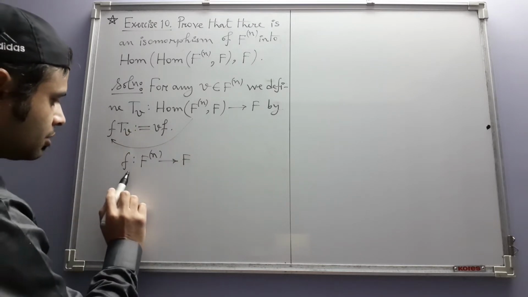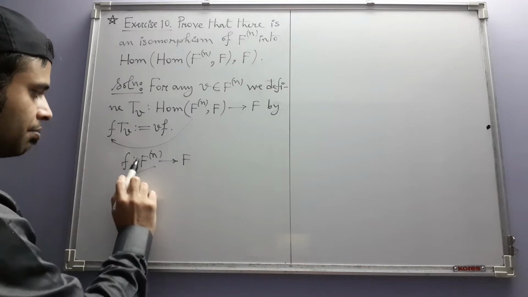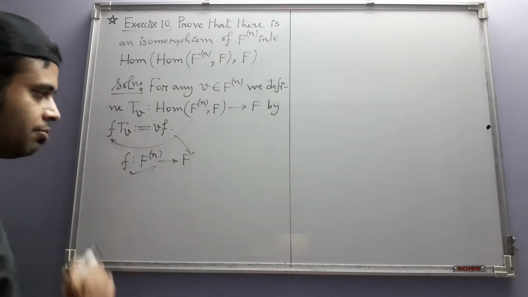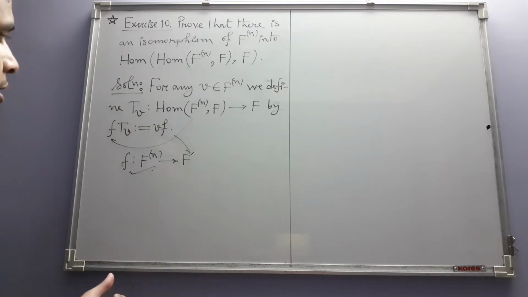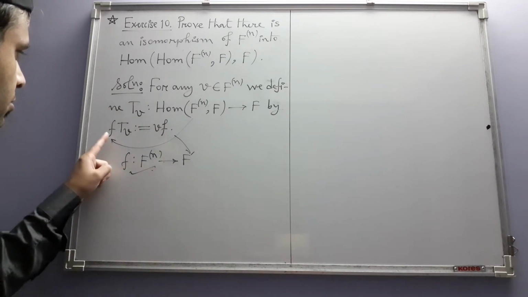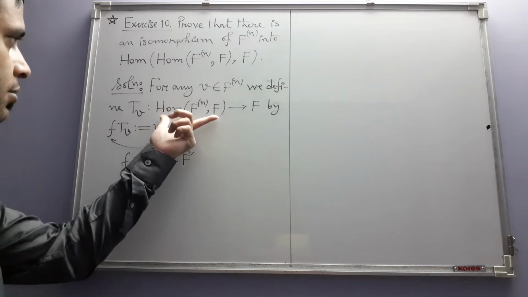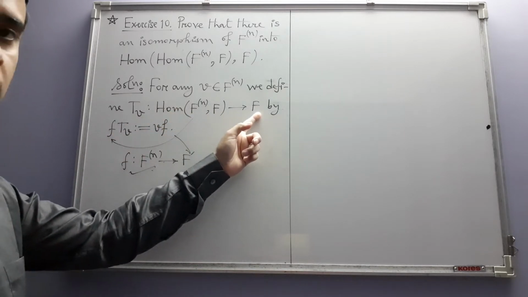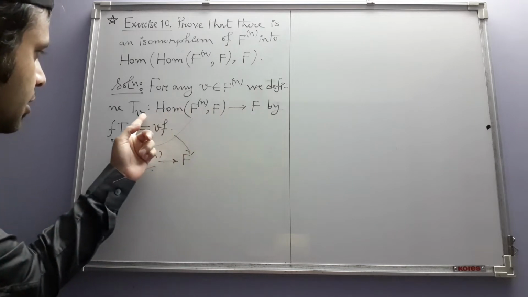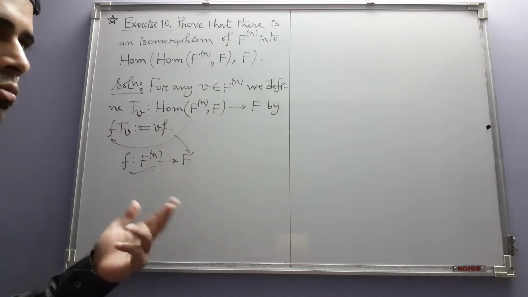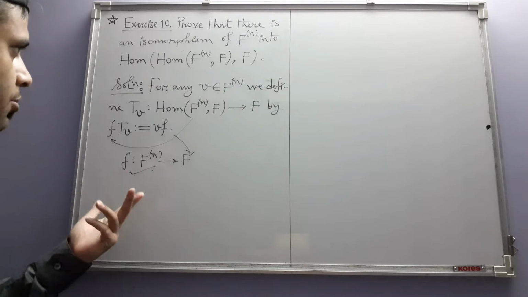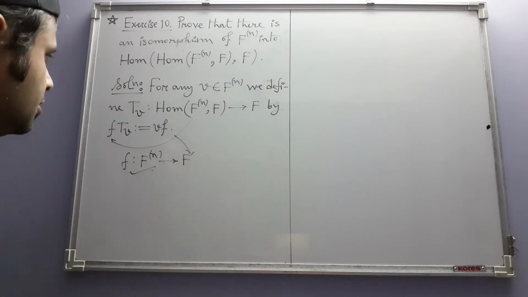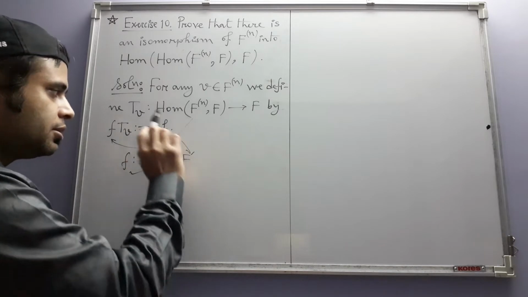Note that because of the nature of this function which maps Fn into F, this vf is an element of F, that is, it's a scalar. So for a given f here, we are actually getting a scalar, that means an element here under the function Tv.